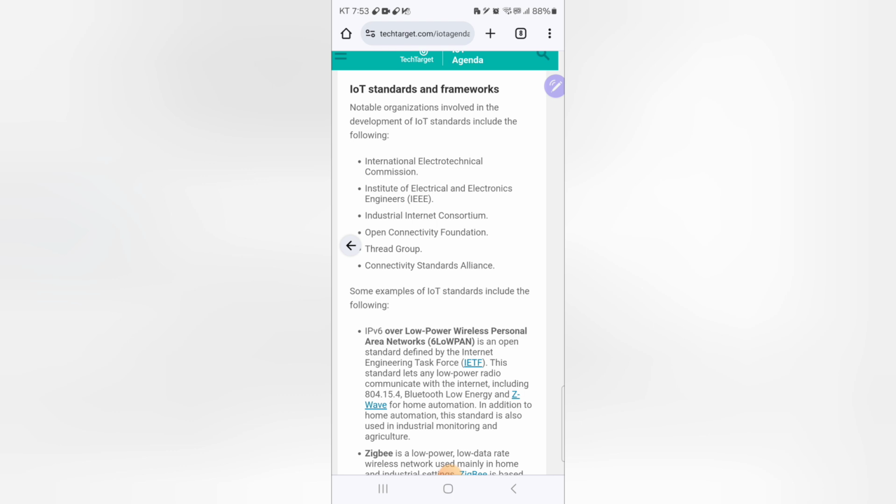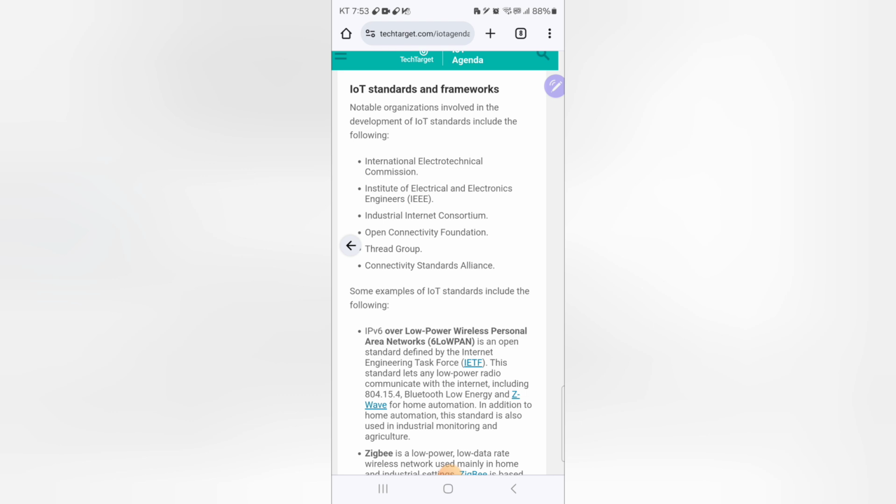As with yesterday, let's learn what the IoT is all about. But this morning, let's focus on the more tech stuff: IoT standards and frameworks. This article is from TechTarget.com, a very good company.